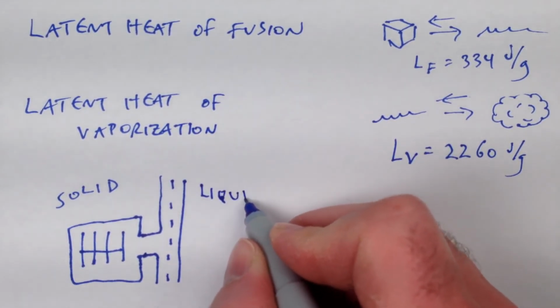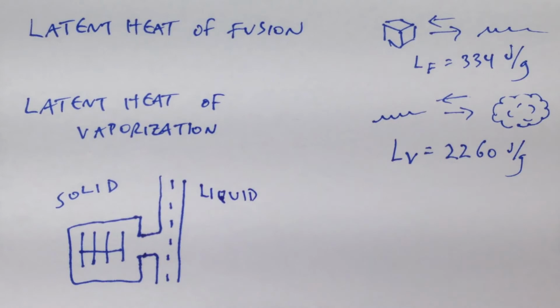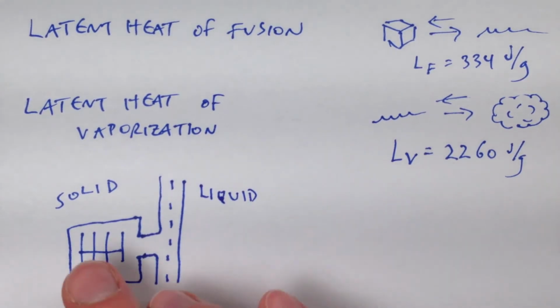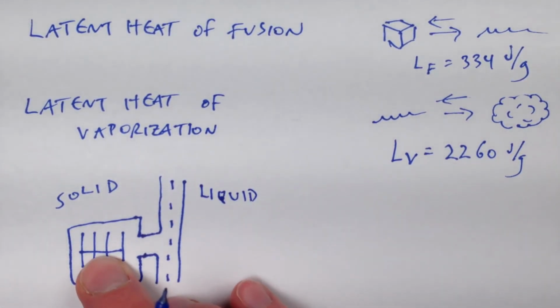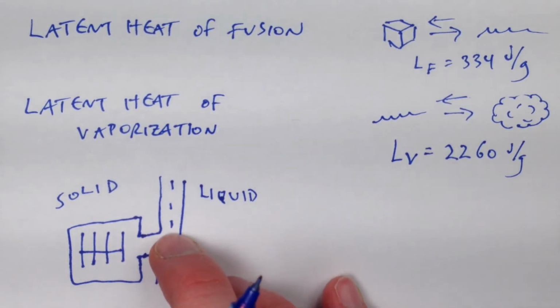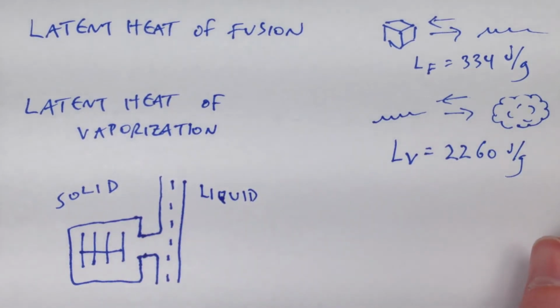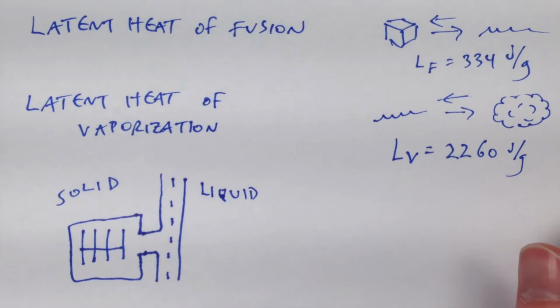So if this is our solid, cars like particles locked into place, and this is a liquid in which they're moving faster, but also they are not stuck in a particular position. They may get further apart or closer together, turn past each other, all that kind of stuff. The relative positions of cars on the road are much freer.